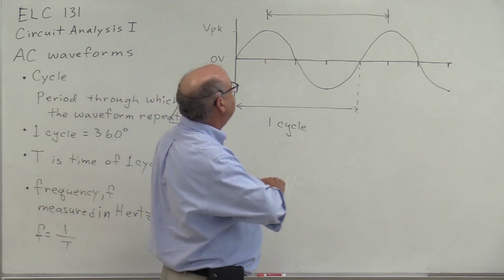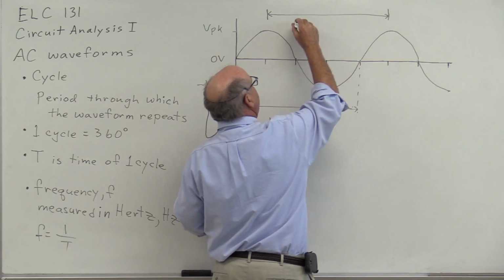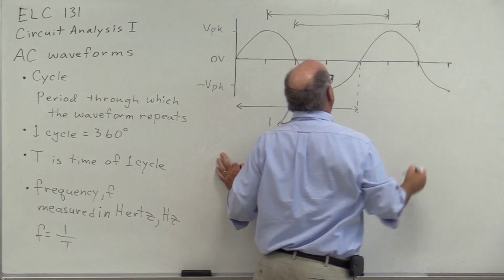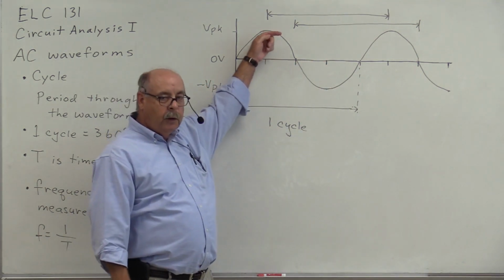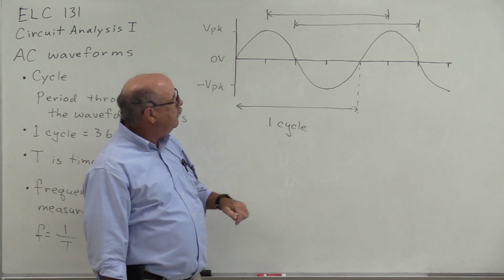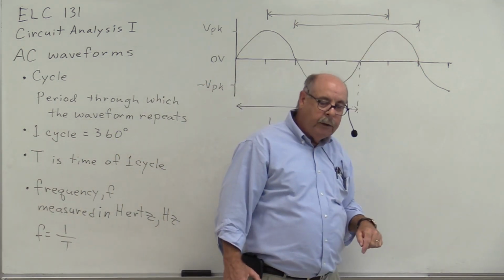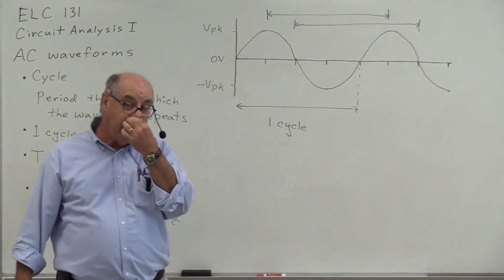And one cycle can also be described as the period from here to here, the period through which the waveform crosses zero going from positive to negative until the waveform crosses zero again going from positive to negative.